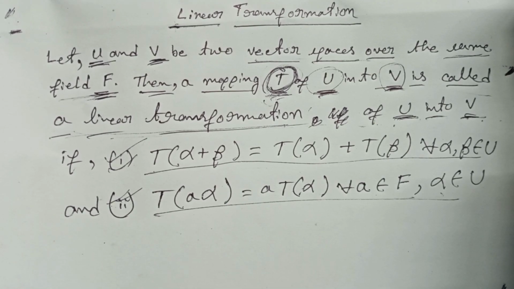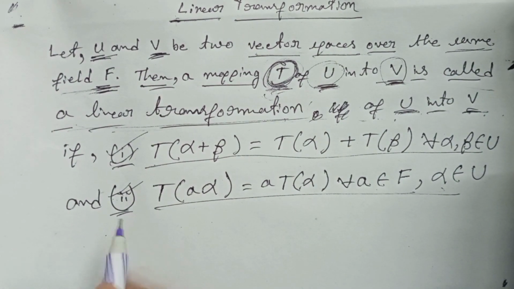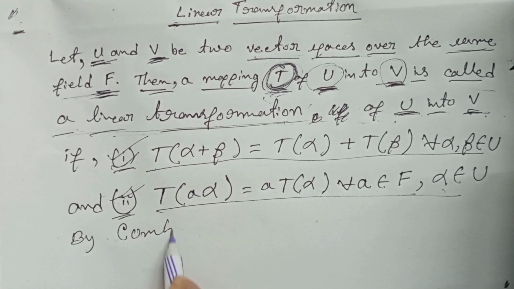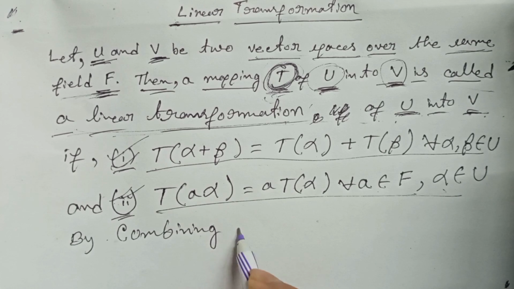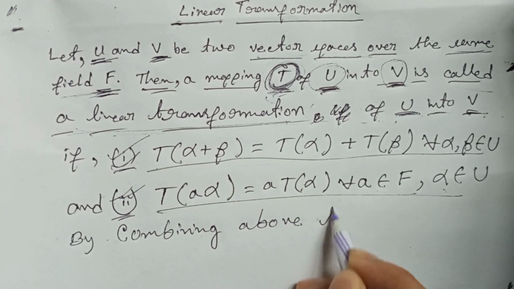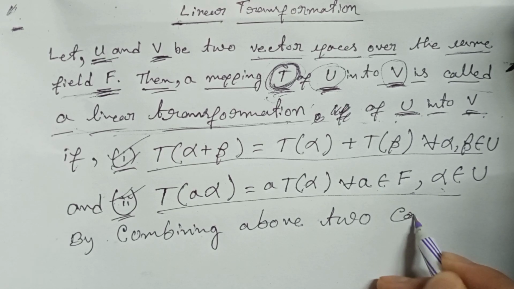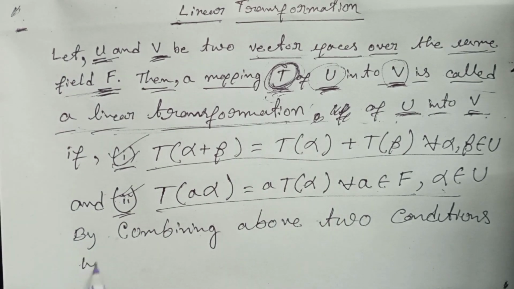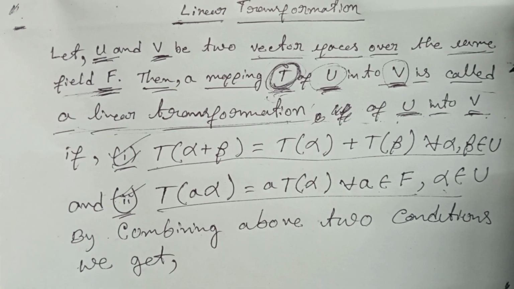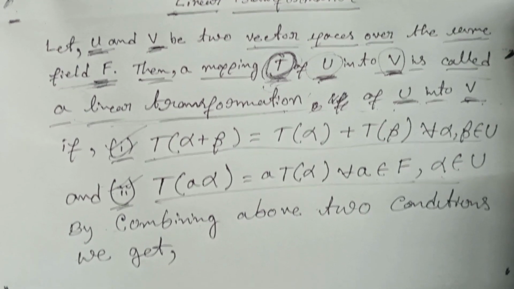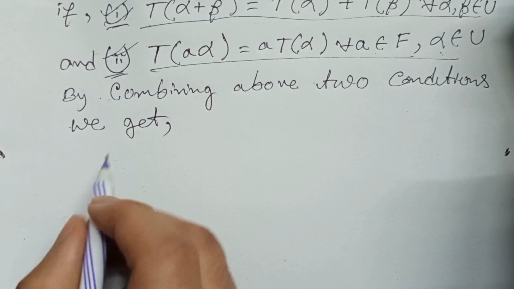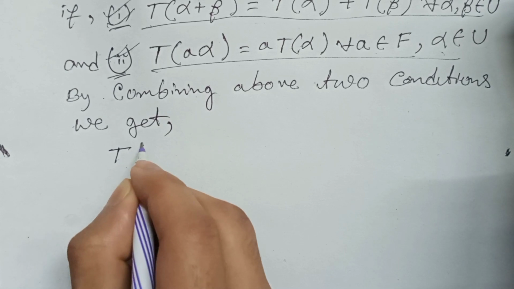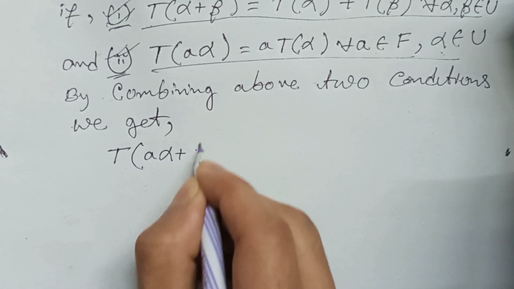so if we combine condition 1 and condition 2, by combining the above two conditions, we get T(a alpha plus b beta).